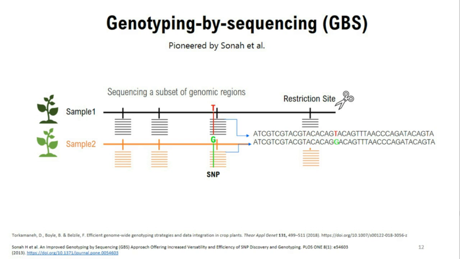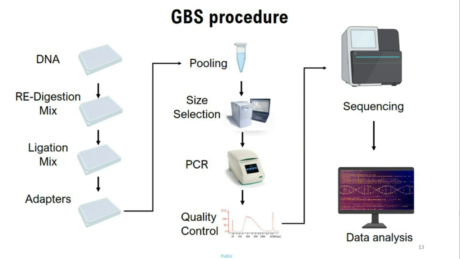How it works in the lab. We start with the DNA plates, then we add the restriction digestion mix into the plate, then the ligation mix, the adapters that are sample-specific barcodes and also universal adapters for the sequencing.